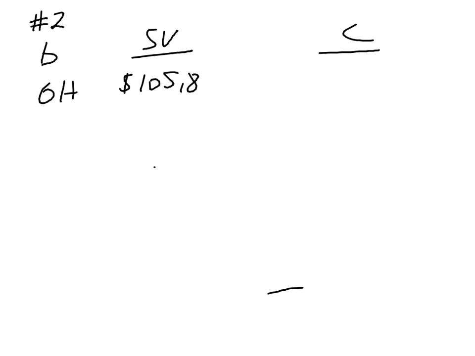So for part B, they give us Department SV and Department C, and they give us the overhead amounts for each department. So for overhead, SV is 105,840, and C is 23,760.